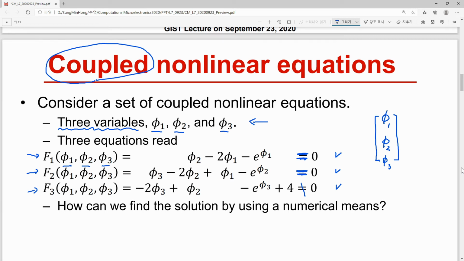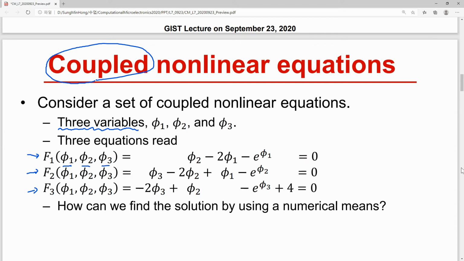Then my question is, can this trial vector be a solution of your system or not? Obviously, it cannot be regarded as a solution. So therefore, our solution vector should satisfy all equations simultaneously.